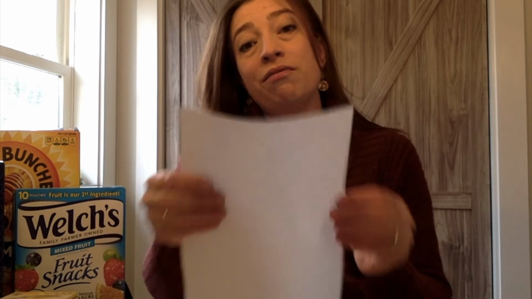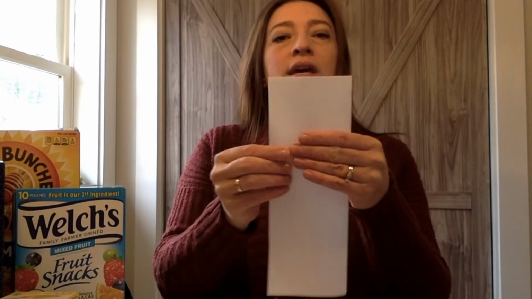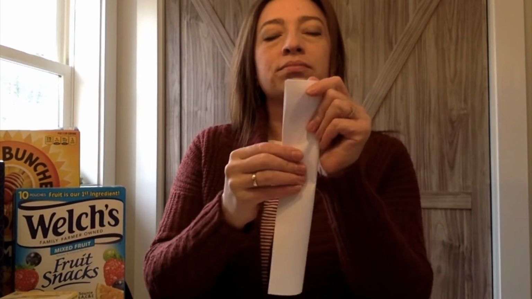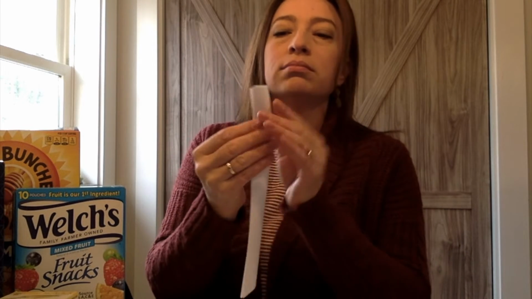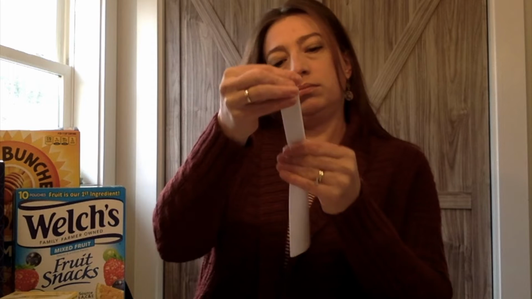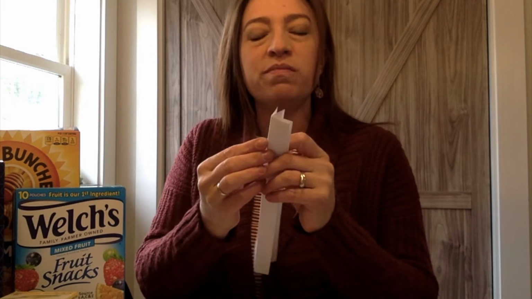Now if I fold it in half, and I fold it in half again, and I fold it in half again. When I unfold it, at each of my crease marks, it would be about 1 inch. So I could use this to estimate my measurements. So that might be something you want to try.